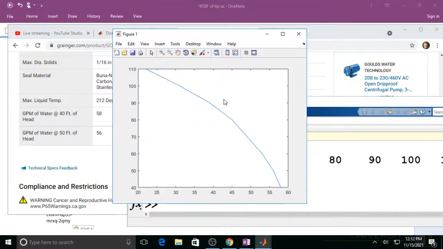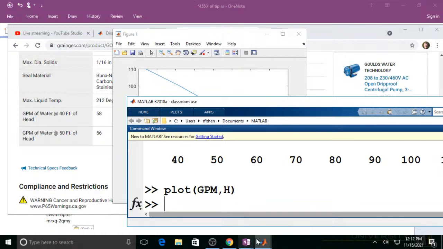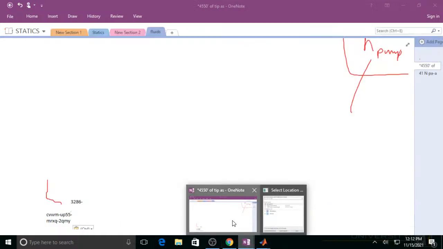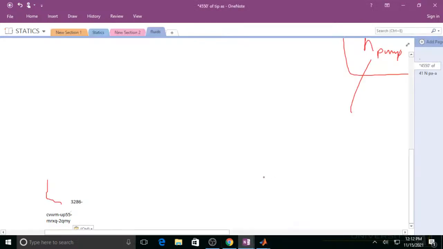A couple of things I could do. I could mimic that pump curve and do a quadratic out of it. Let's try that. Now, this is the art of engineering.